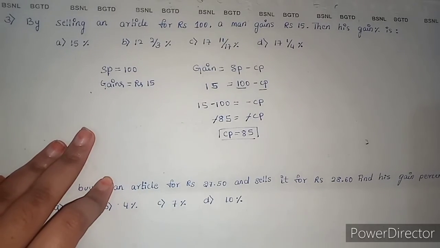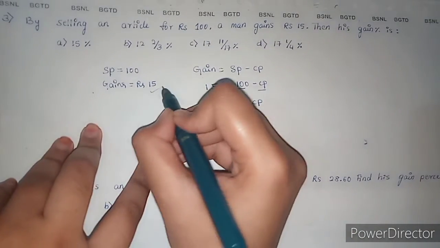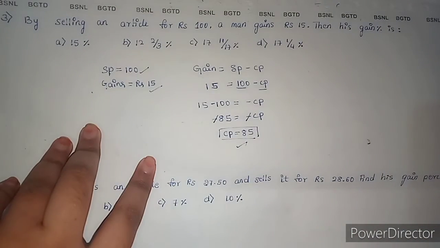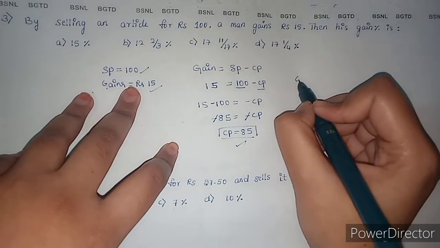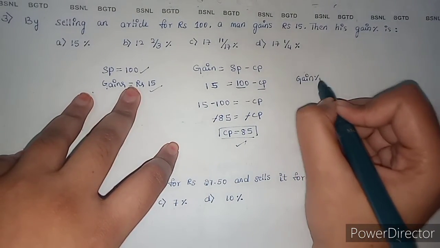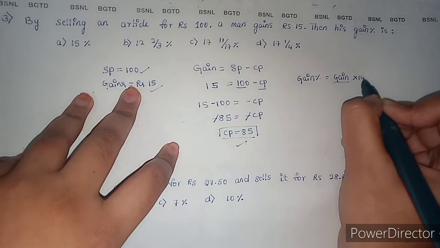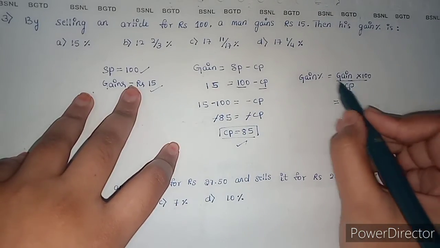Now the question is to find the gain percent. Okay. Now we know gain, we know cost price, we know selling price. So what is gain percent? Gain into 100 by cost price, right?